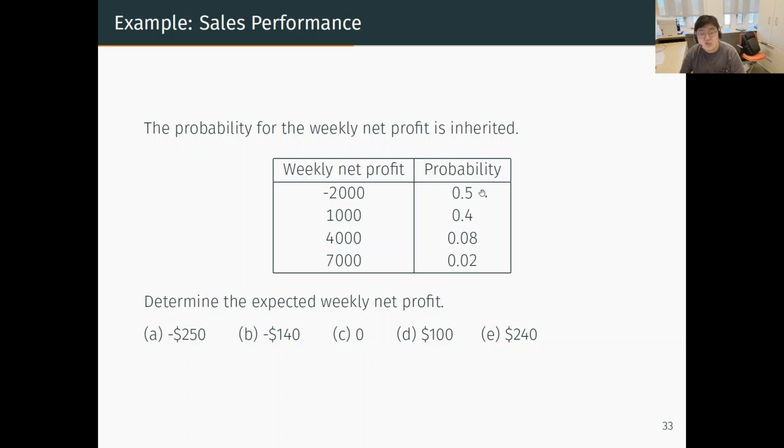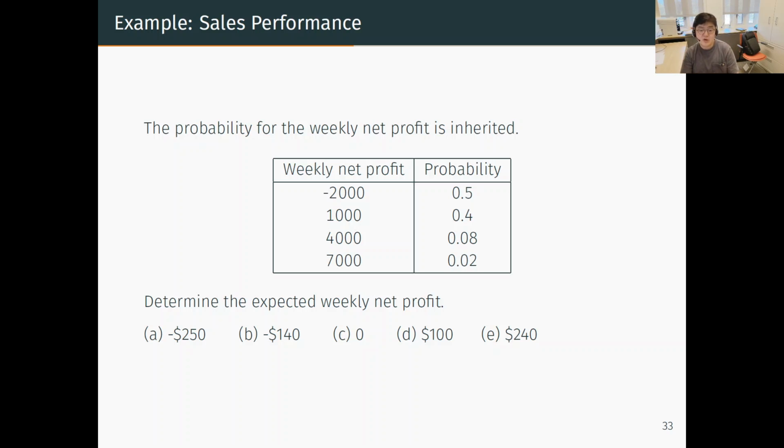But this part does not change because the probability is a function of the event, and as long as the events are the same, the probability does not change. Now, based on the same probability, you can calculate the expected weekly net profit. Try that.